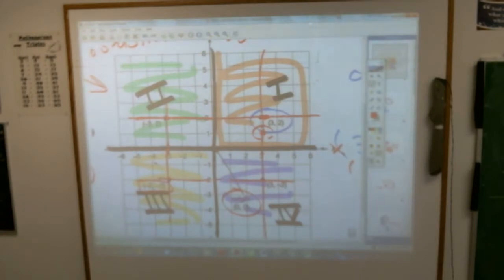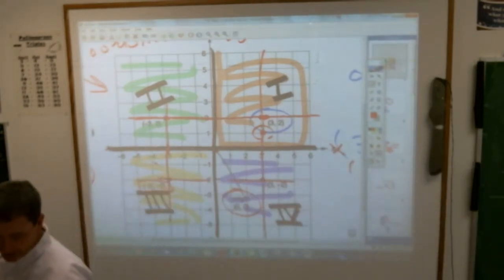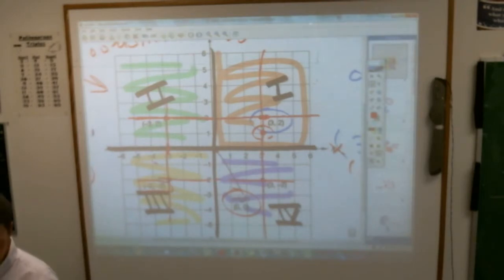Grace, it would be 3, 1. Yep, 3, 1, because it's over 3 on the x-axis, up 1 on the y-axis. How about problem number 2? What point is at the coordinates -1, 3? Which point is at the coordinates -1, 3? Isabel? C. C is correct.